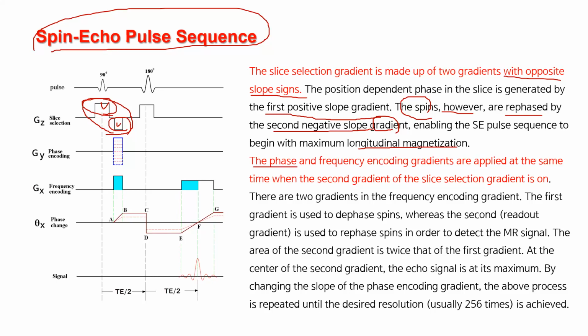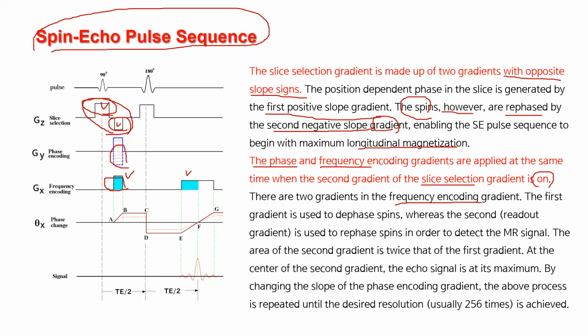The phase and frequency encoding gradients are applied at the same time when the second gradient of the slice selection gradient is on. This one. There are two gradients in the frequency encoding gradient, this and this.